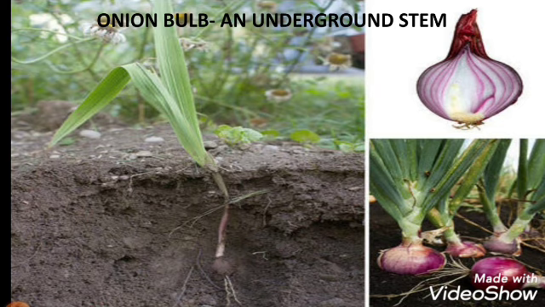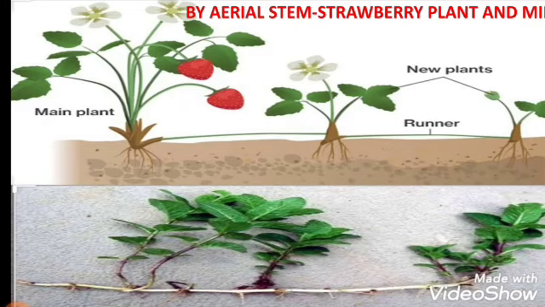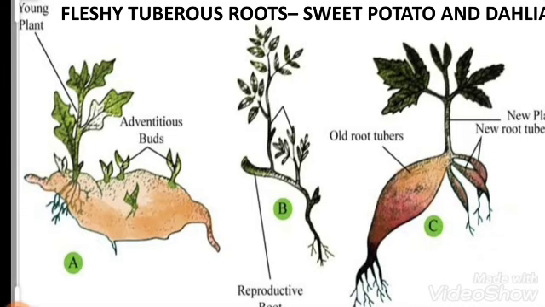Next modification is by aerial stem as shown in strawberry plant and mint. Next, by fleshy tuberous roots clearly shown in sweet potato and dahlia.